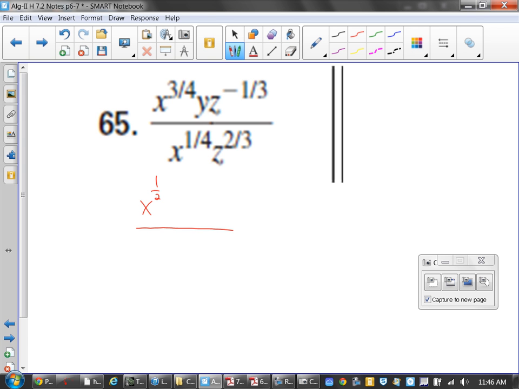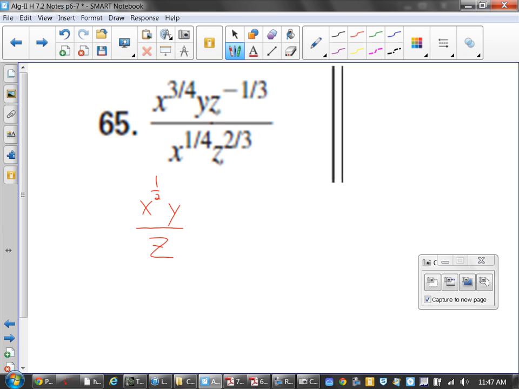X to the 1/2, square root of x. But they wrote it in terms of fractions, so you leave it in fractions, okay? So now you have y. And then z. So z to the negative 1/3 over z to the 2/3. It's z on the bottom. It's just z, because it's z to the power of 1.